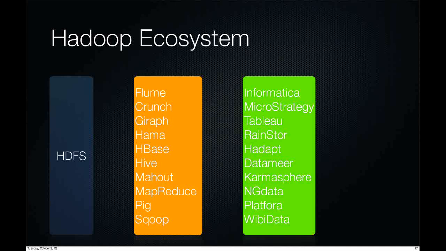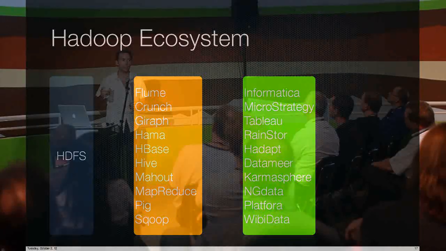And what's kind of cool is on top of that is the programmatic layer, right? I said Hadoop also includes a processing layer. That processing layer has a bunch of components built on top of it that allow it to interact with the data that's stored in HDFS. Some of those are Flume, HBase, Hive, Pig, etc. I won't go into details of all these names.